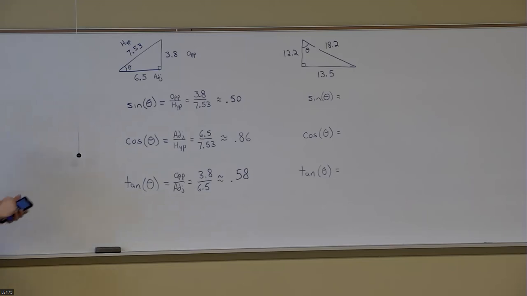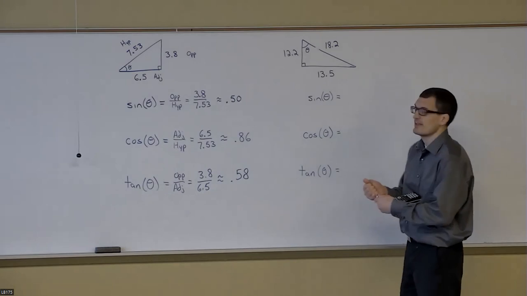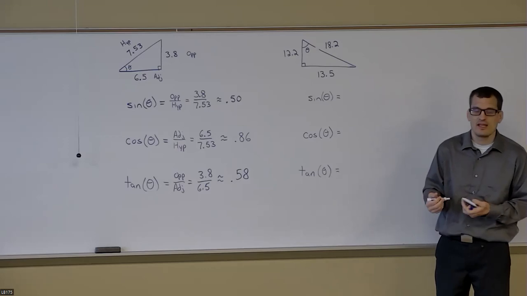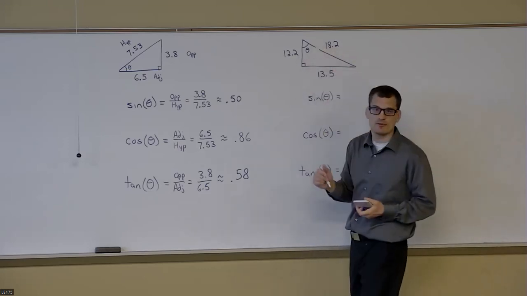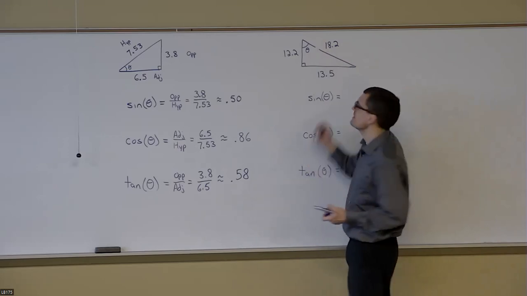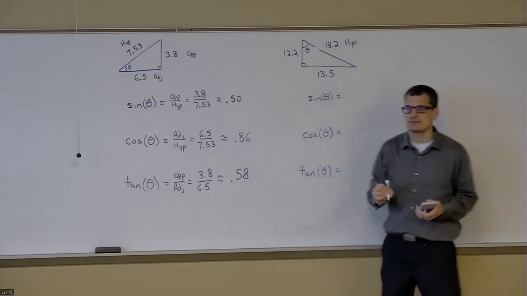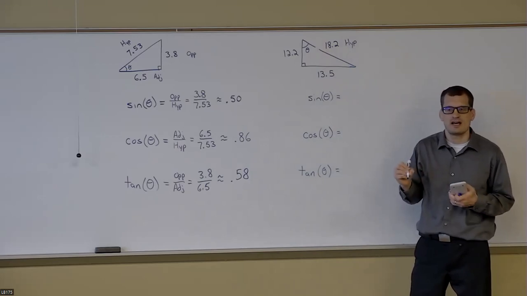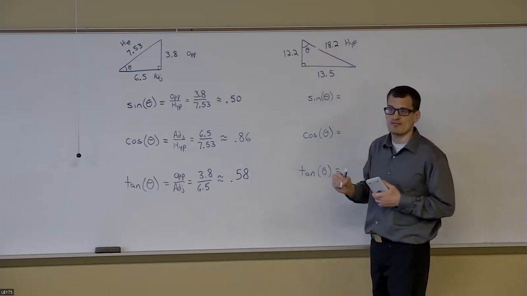All right. So here's the deal. If theta is situated where it's at right now, the hypotenuse is still the side across from the right angle. All right, so that 18.2 is still my hypotenuse. However, the adjacent versus the opposite side. The opposite side of theta is this 13.5.